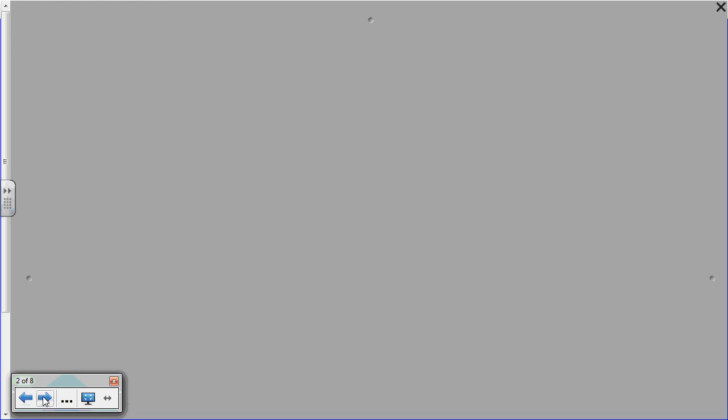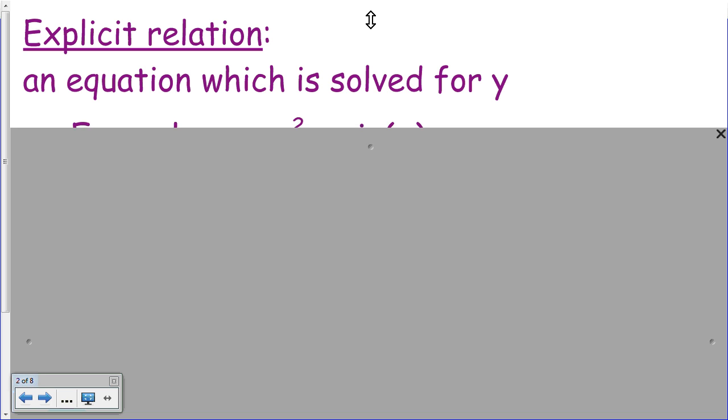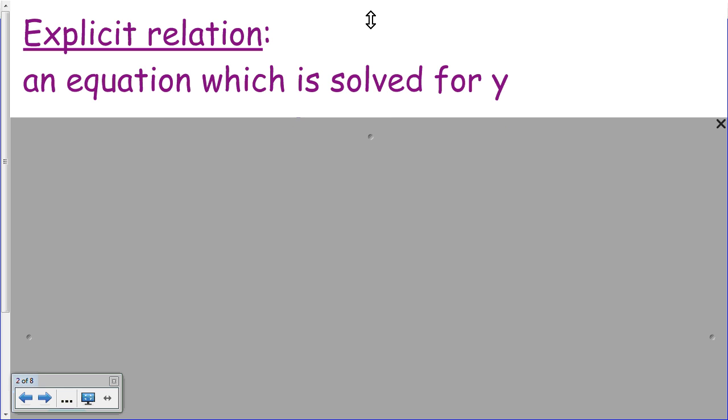All right, so let's start off with some terminology that we need to understand, and that is the difference between an explicit relationship and an implicit relationship, as the objective indicated. That really helps us understand why we call it implicit differentiation. An explicit relation is an equation which is solved for y.